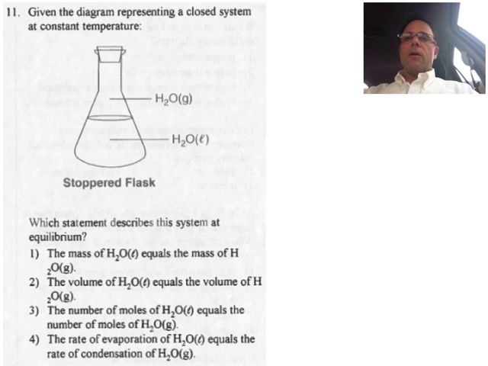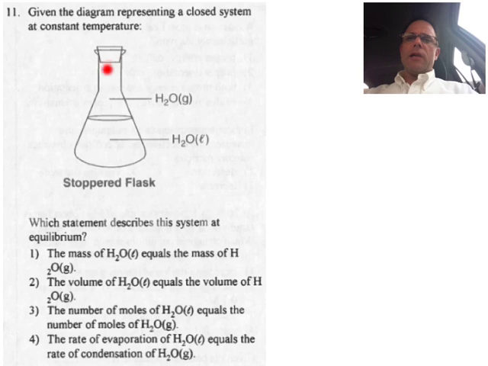Number 11. Given the diagram representing a closed system at constant temperature. Inspecting here, we have an Erlenmeyer flask. There is a rubber stopper in there, and we have H2O gas in this portion, and H2O as a liquid. Which statement describes this system at equilibrium? Number one, will the mass of the liquid water equal the mass of the gaseous water, the vapor?